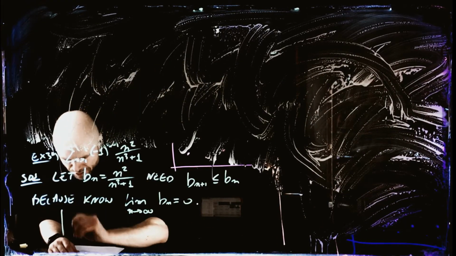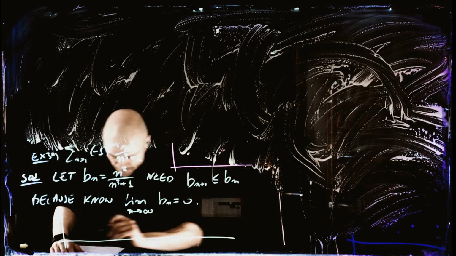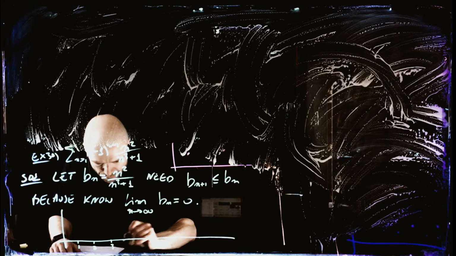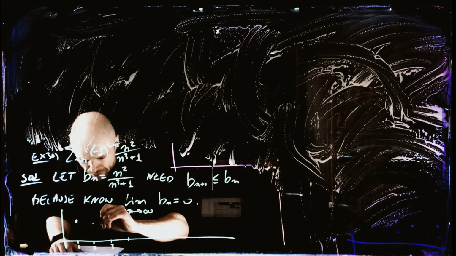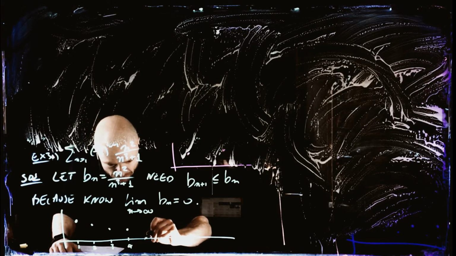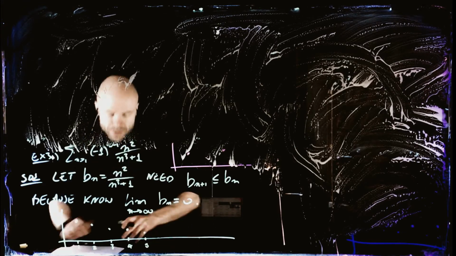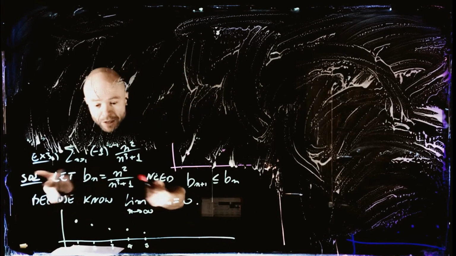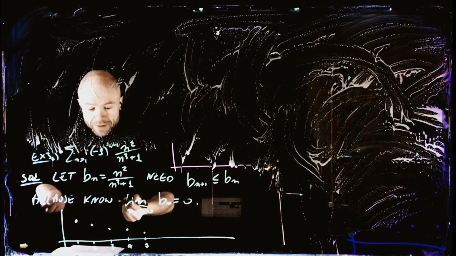So this is how we're going to visualize the sequence. This would be B1, this would be B2, this would be B3, this would be B4, and so on. And it's just a sequence, so we can't differentiate anything. There's no way to differentiate a sequence.